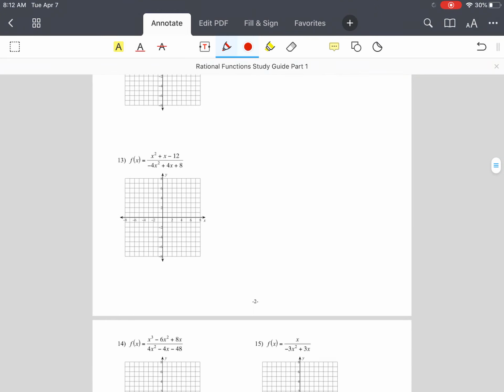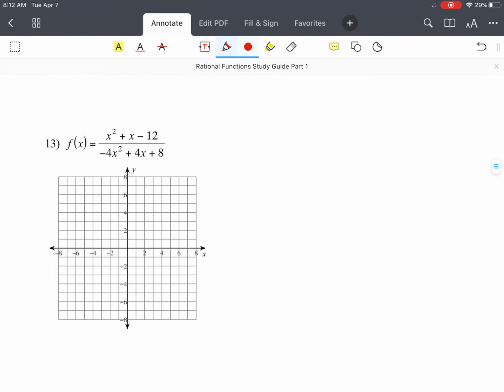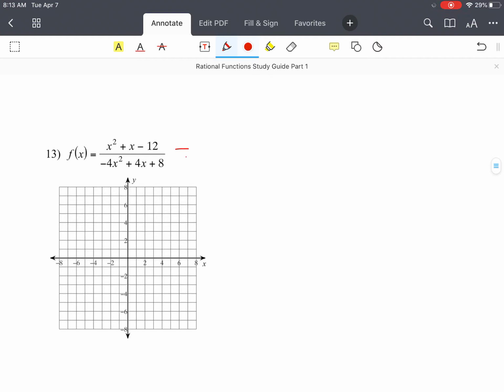Alright, moving on. Let's look at the graphs. So I would like to do number 13. So remember, the very first thing that we always do with these is completely factor and cancel.